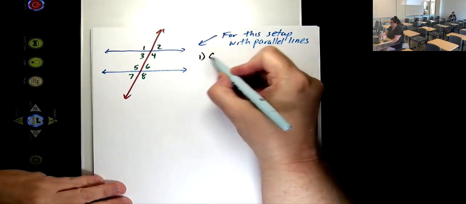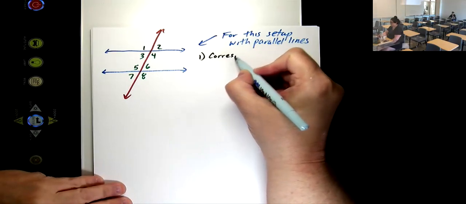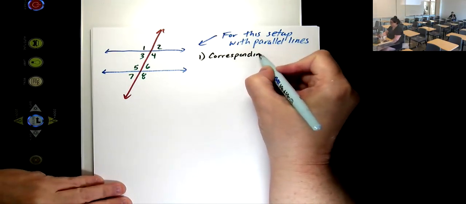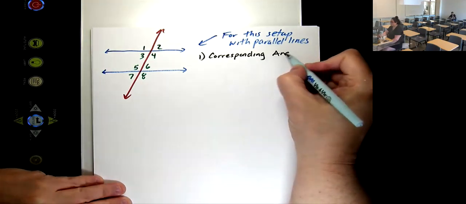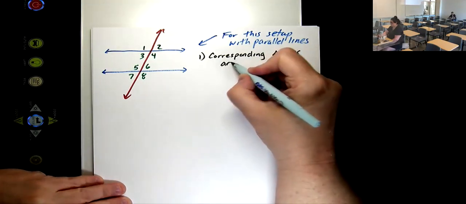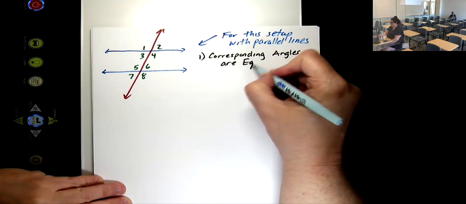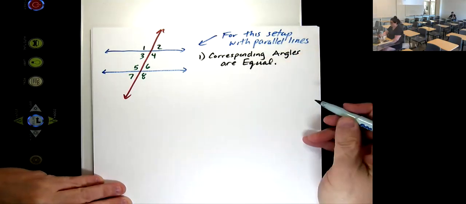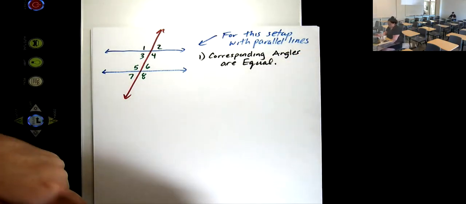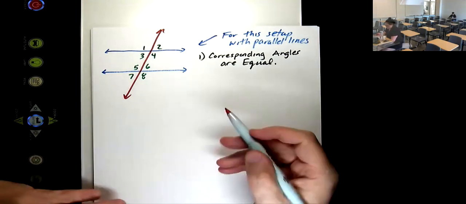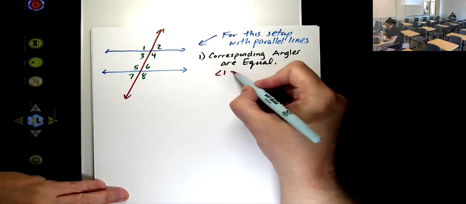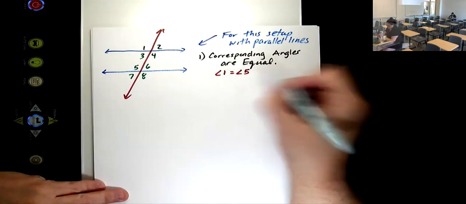One, corresponding angles are equal. Angle 1 has the same value as angle 5.